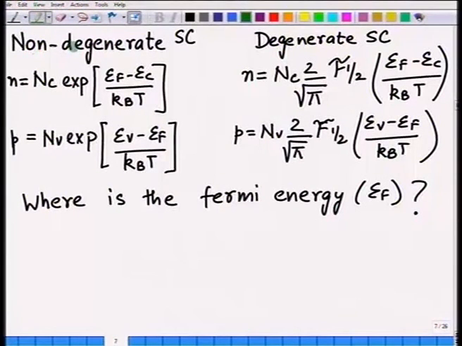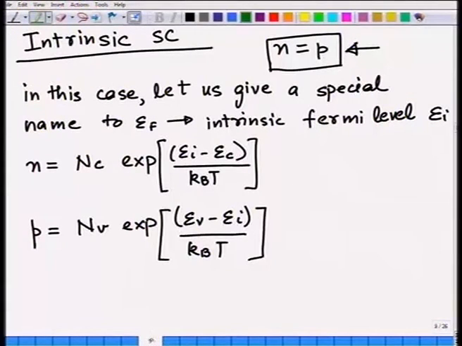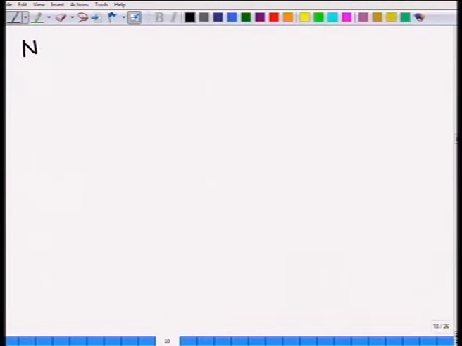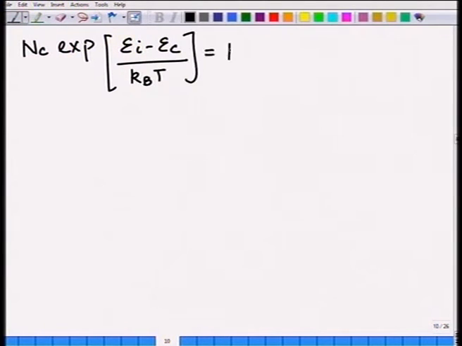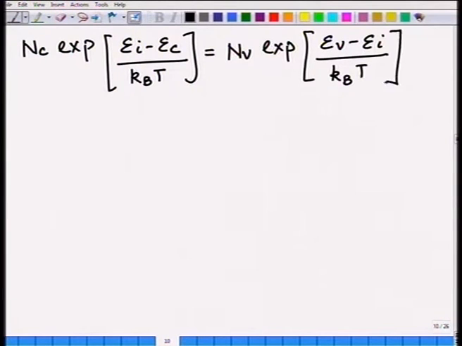So, now let us try to determine EI by equating n and p. That means NC e to the power EI minus EC by kBT should be equal to NV e to the power EV minus EI by kBT, which implies, we take the exponential on the left hand side.